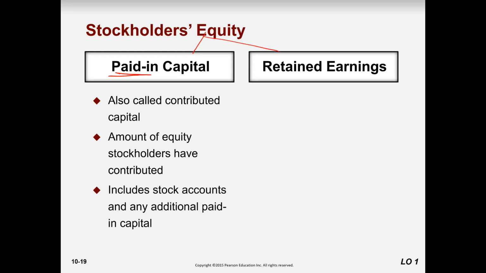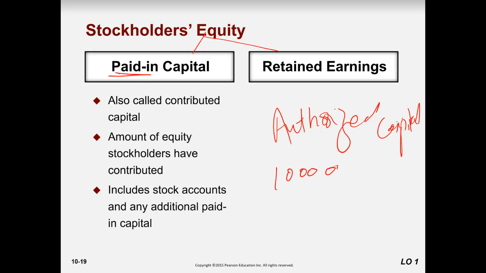Paid in capital, which means when companies are established, they are given some authority. We call this authorized capital, which means the company cannot issue more than that. For example, authorized capital is 10 million, or you can say 100 million shares.